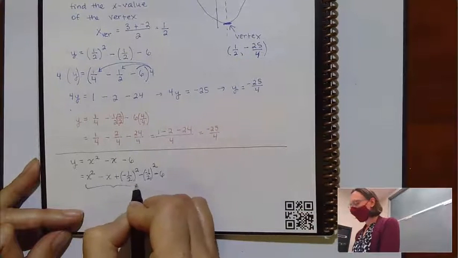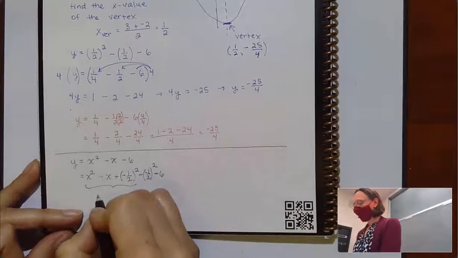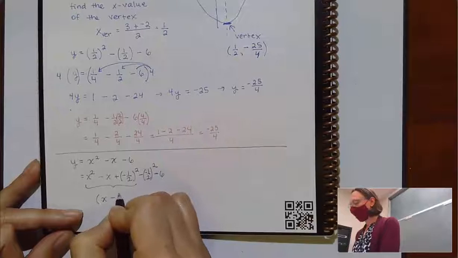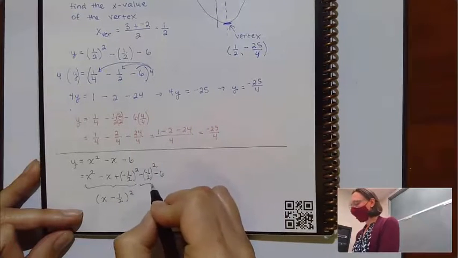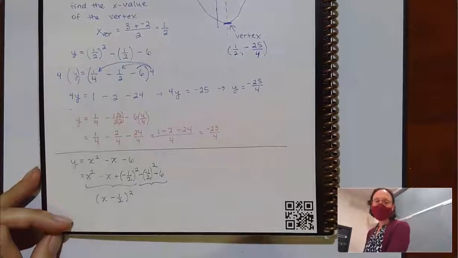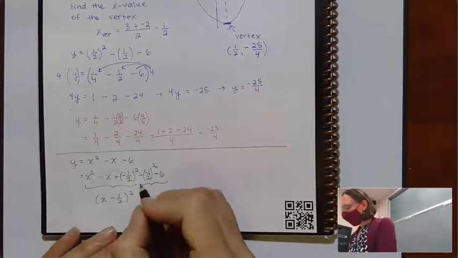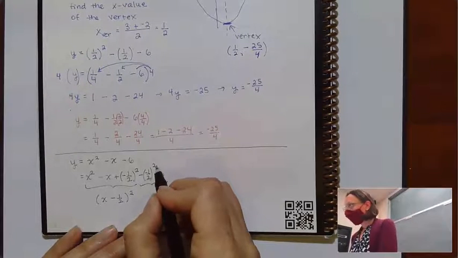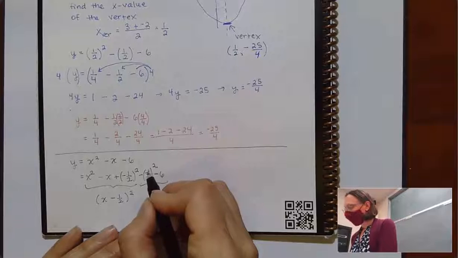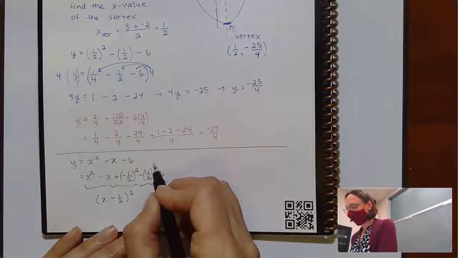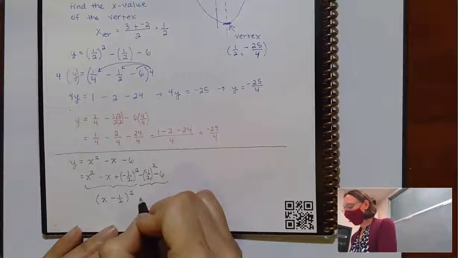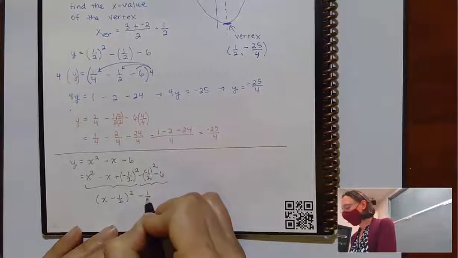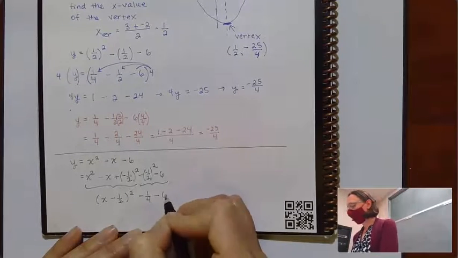Which means this part turns into x minus 1/2 whole thing squared. And this part would look like, well, -1/2 squared, -1 squared is +1, and 2 squared is 4. And we're subtracting that thing. So we'll have -1/4 and then -6.